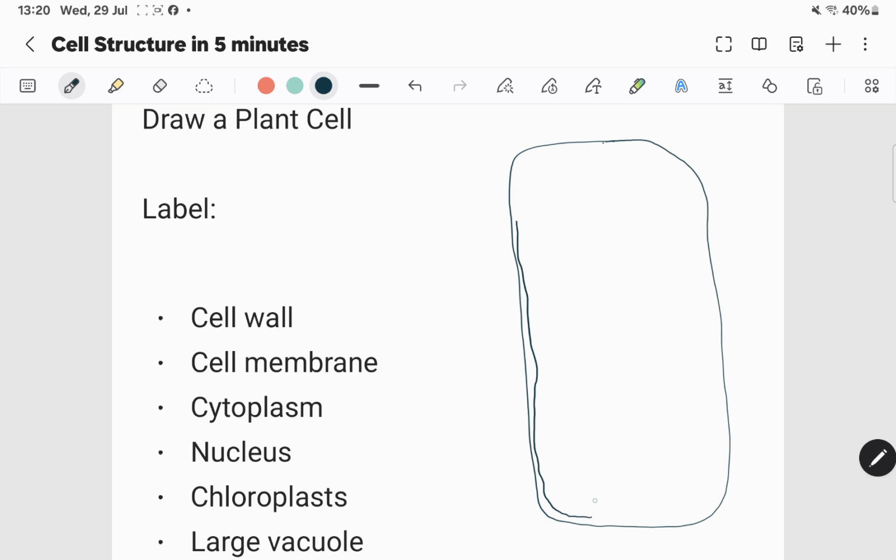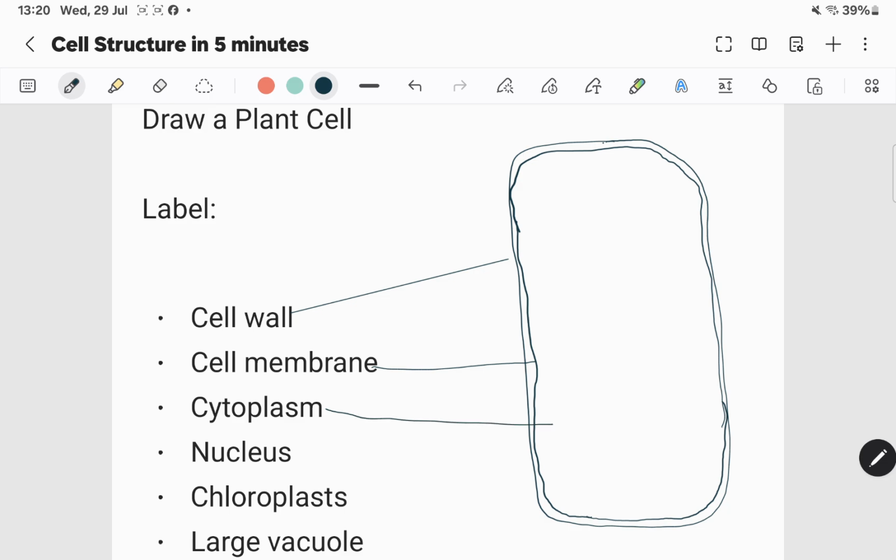So let's draw the double membrane surrounding the plant cell. Our plant cell has a cell wall on the outside and then a cell membrane on the inside. It also has cytoplasm just as the animal cell does.